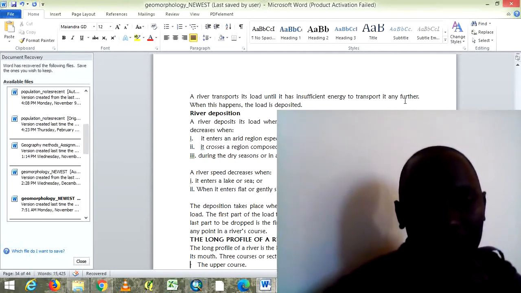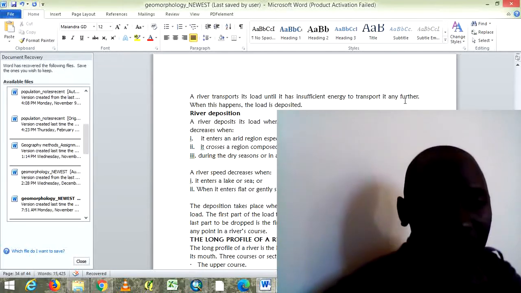We know very well that these 3 processes depend on the competence of the river. The competence of the river is defined by its energy. The energy of the river is defined by the ability to transport, to carry material. And definitely this energy is supplemented by the volume of the water in the river valley, but also the speed of flow.